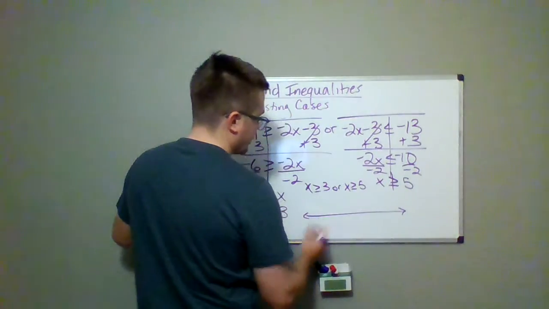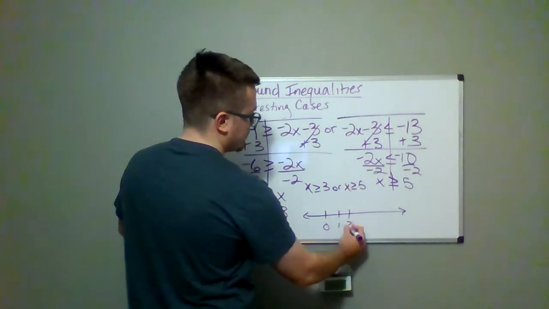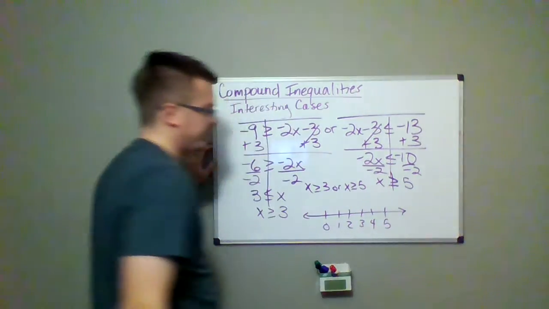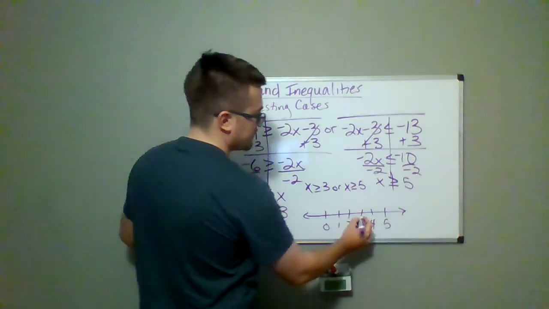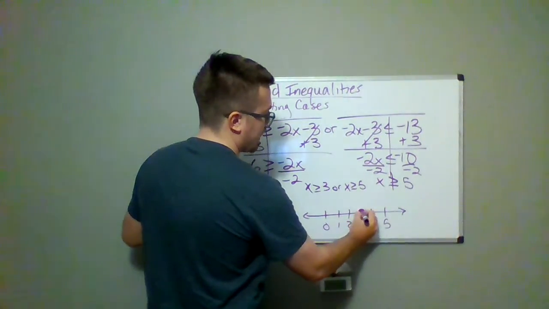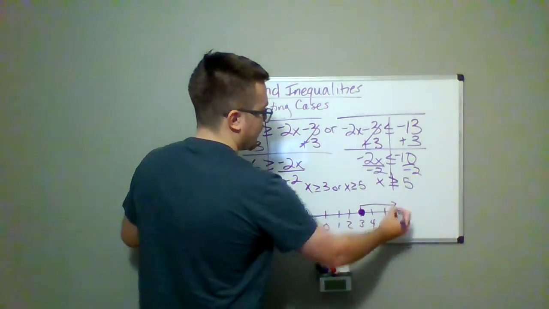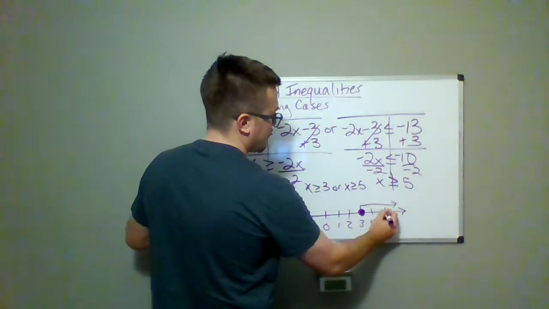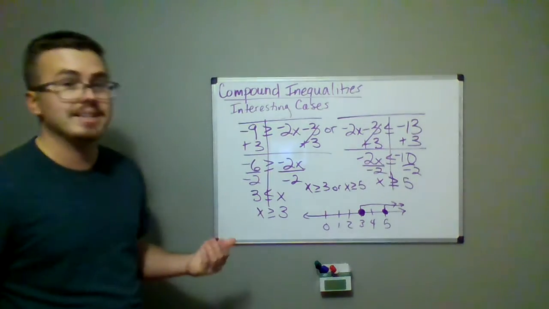If I graph it, and I have 0 here, 1, 2, 3, 4, 5, then if I graph that first part, I've got a closed circle on 3, and it's shaded to the right because it's greater than. And then this one is a closed circle on 5, and it's also shaded to the right.